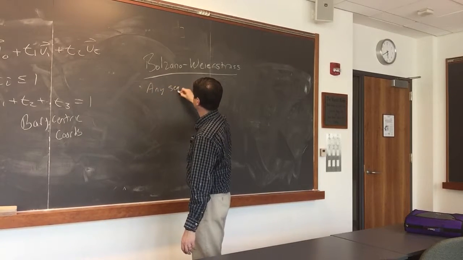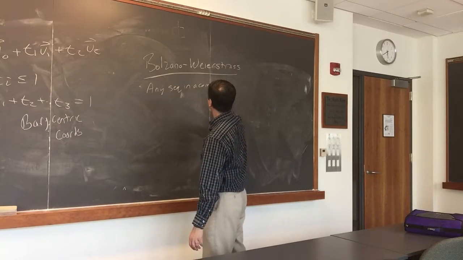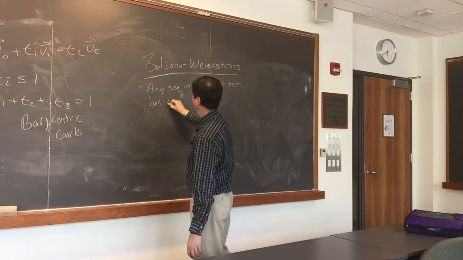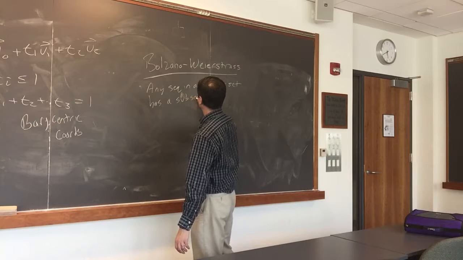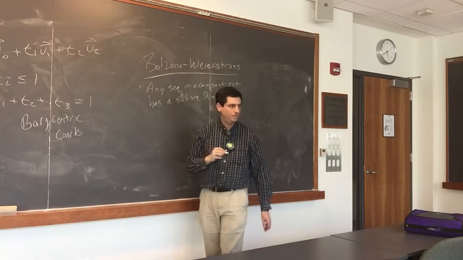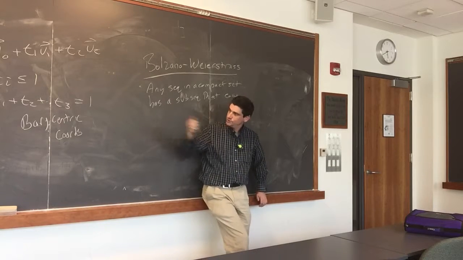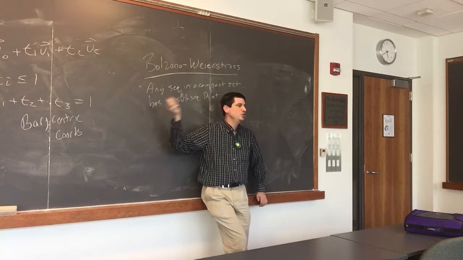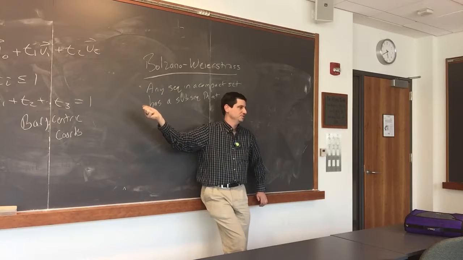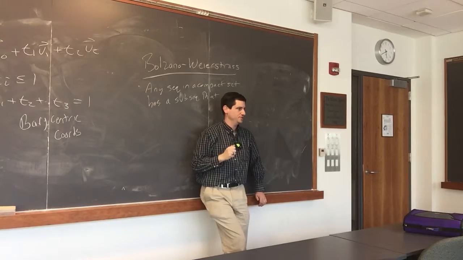Any sequence in a compact set has a subsequence that converges. And so for our triangles, we can always look at the sequence of the location of the vertex labeled 0. That's going to form something that will converge.